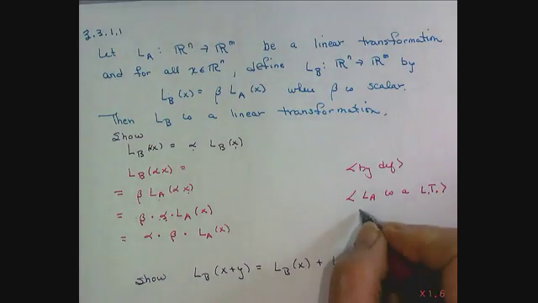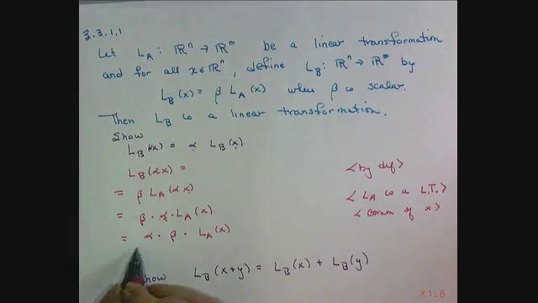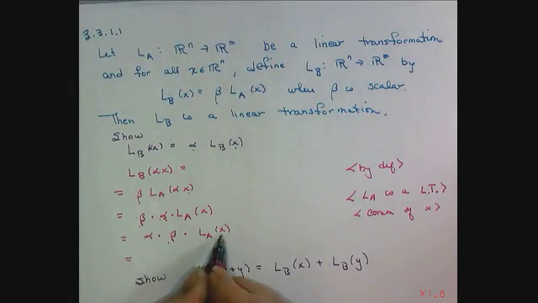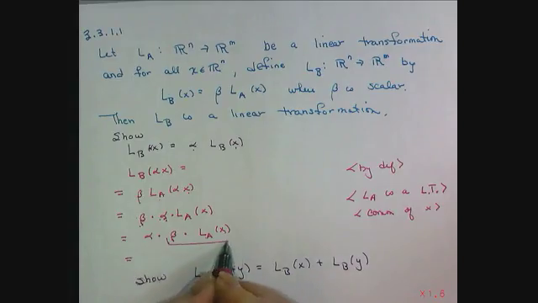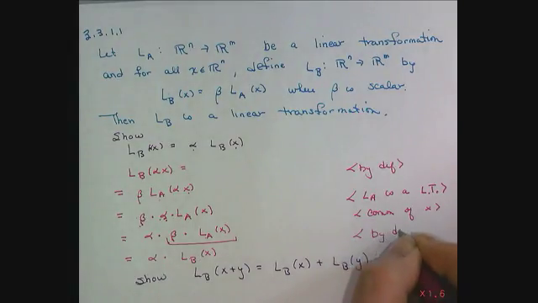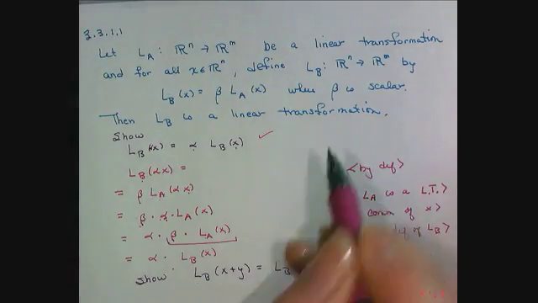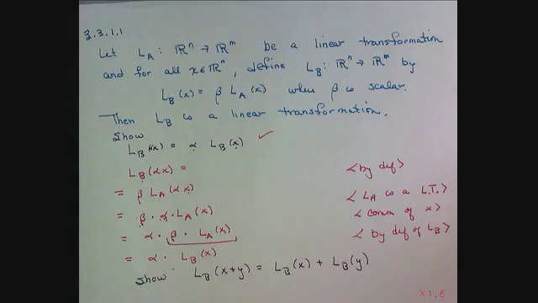And so this is equivalent to alpha times beta times L sub A of x, but beta times L sub A of x is just what we called L sub B of x by definition. I'm done. It is true that L sub B of alpha times x is alpha times L sub B of x. That wasn't so hard.